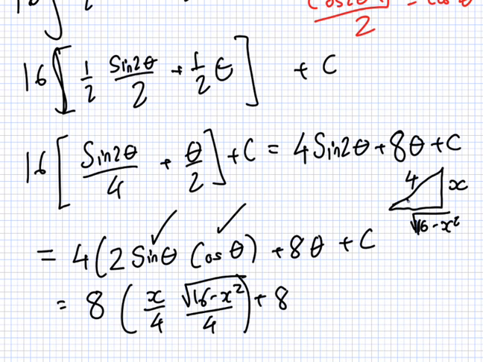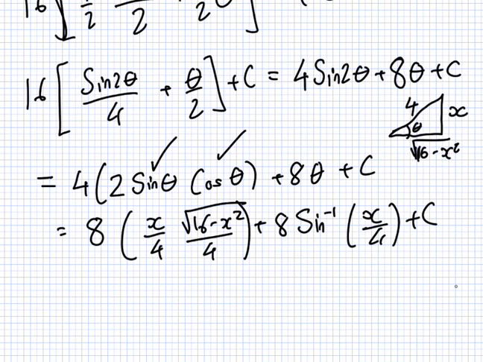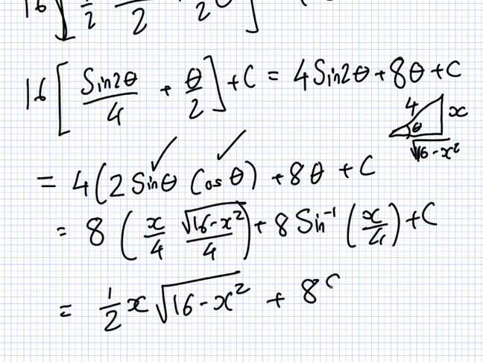We get theta by sine inverse x over 4, so it's 8 sine inverse x over 4 plus c. 4 by 4 is 16, 8 over 16 is a half, so this is a half x root 16 minus x squared plus 8 sine inverse x over 4 plus c.